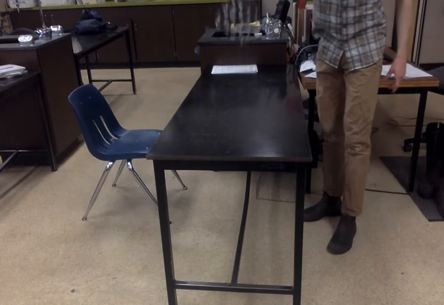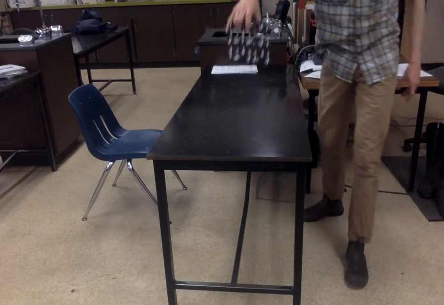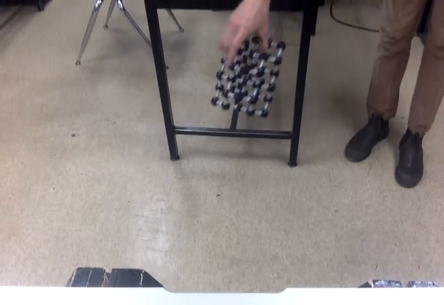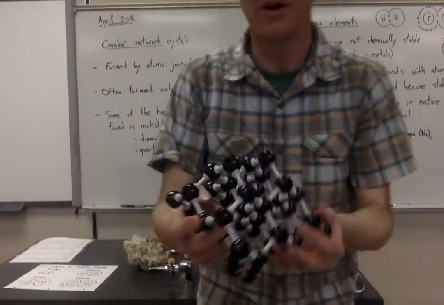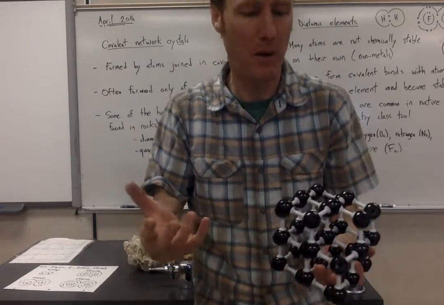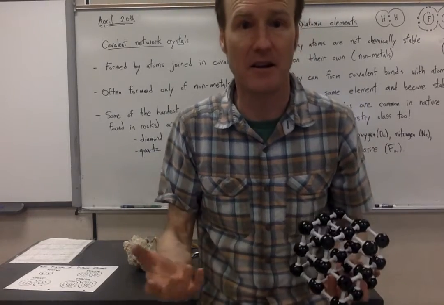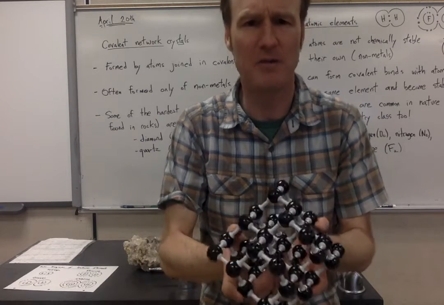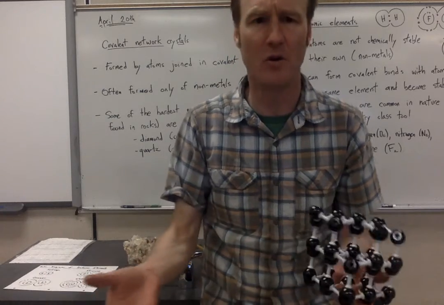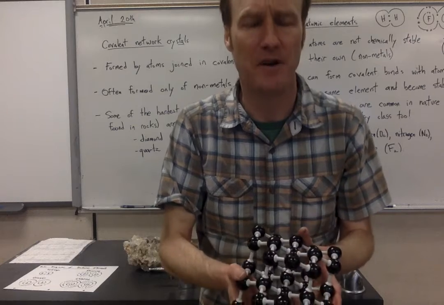So see this right here? I can drop this on the floor. I won't throw it from the ceiling, but I could. When I make molecular models with bunches of other atoms, like, say, an example of a sugar molecule, if I were to do that and drop it on the floor, it would change the shape of it.